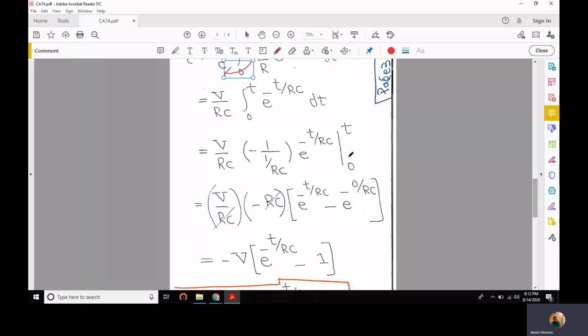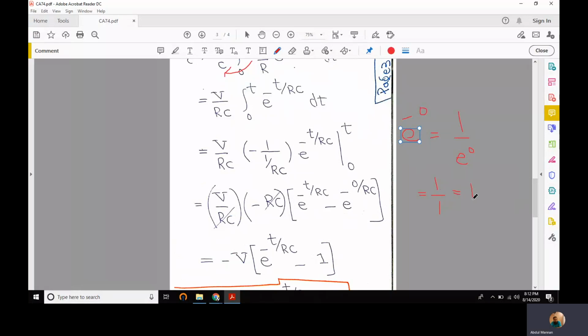So e to the minus 0, we already know what it is. E to the minus 0 can also be written as 1 over e to the 0. Anything raised to the 0 is a 1. So 1 over anything raised to the power 0 is a 1, so 1 over 1 is a 1.